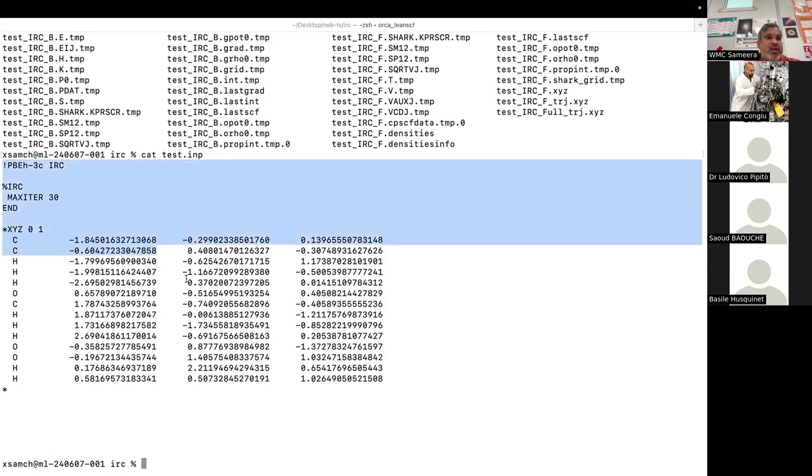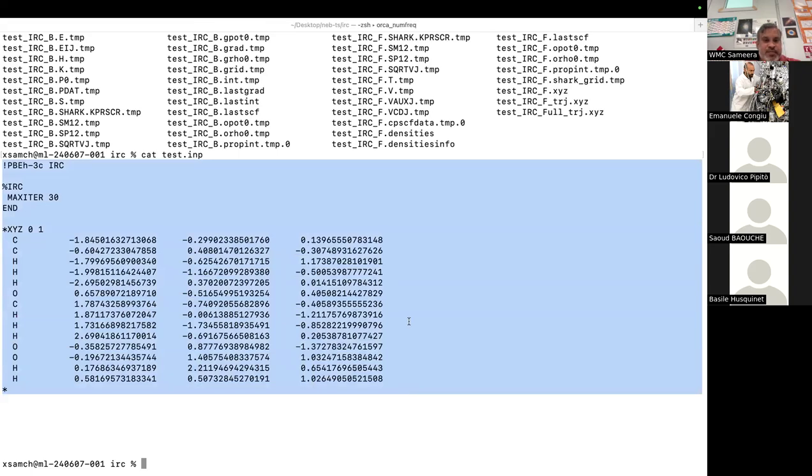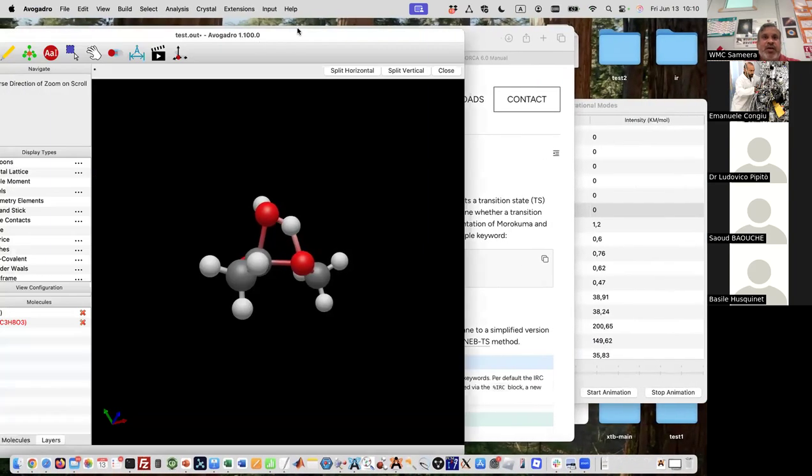So I will share the input file. I cannot send messages.